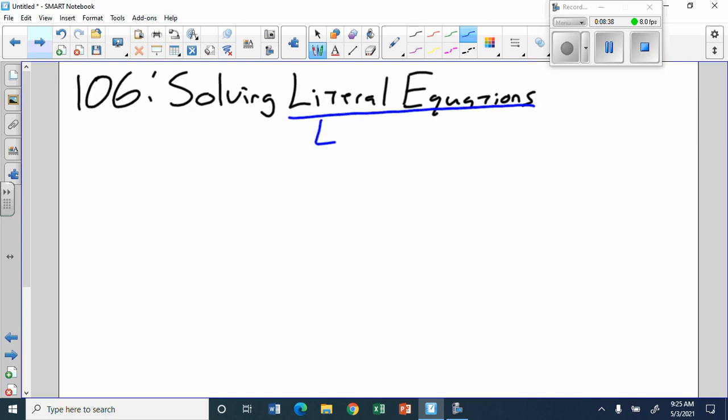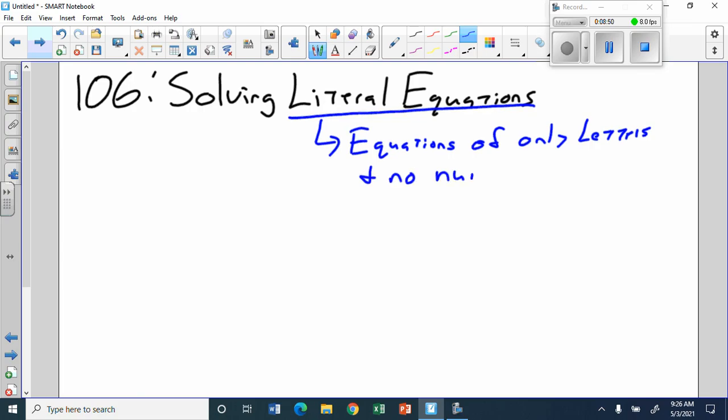A literal equation, these are equations of only letters and no numbers.